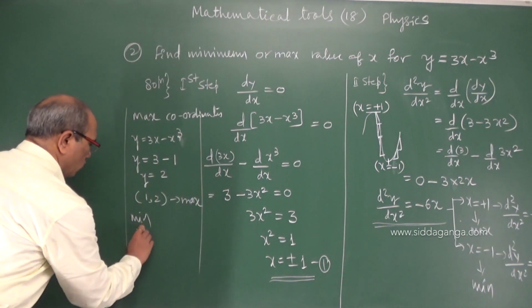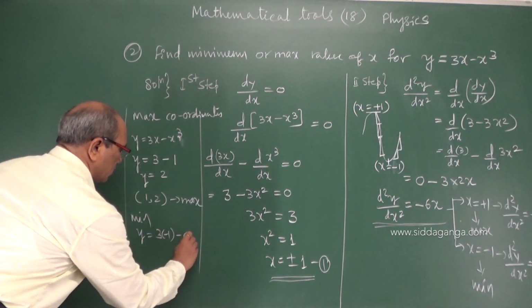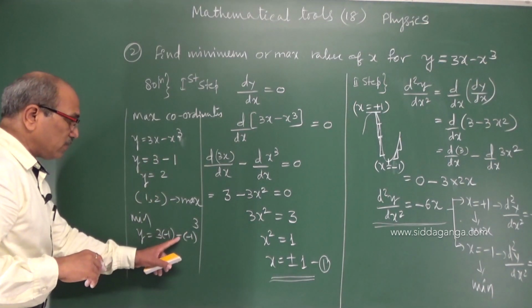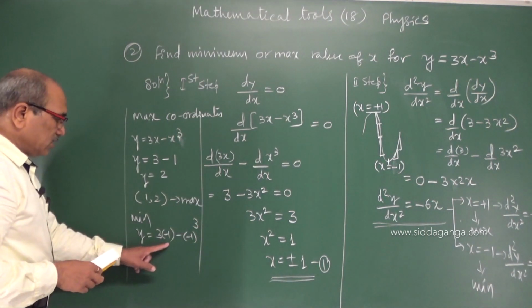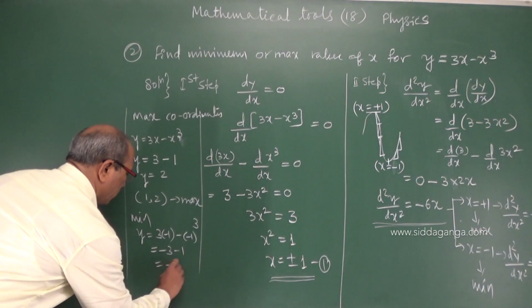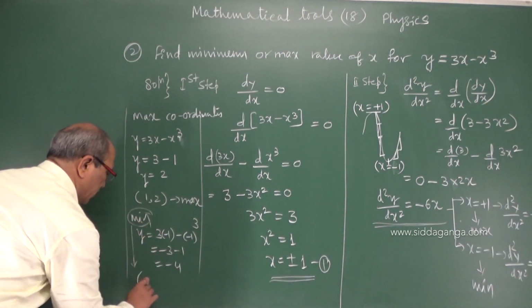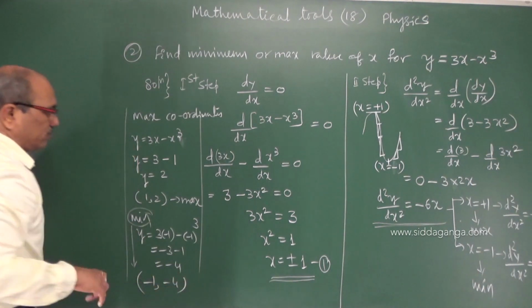For minima, y is equal to 3 times minus 1 minus minus 1 cube. Minus 1 cube remains as minus, because minus 1 square is plus, but this is also minus. That minus 3 minus 1 becomes minus 4. Therefore, the minima coordinates are minus 1 comma minus 4.